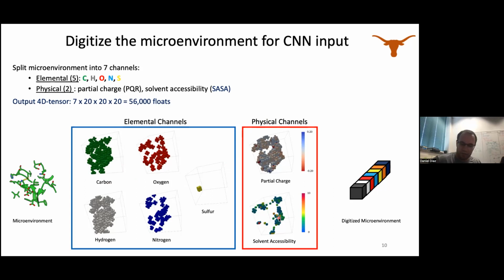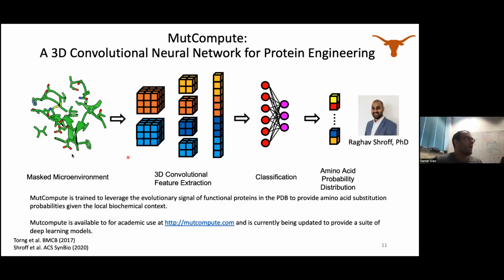So putting it all together, we take masked microenvironments, we pass them through a 3D CNN, the architecture in the paper we published in 2020. And then at the output of this model, we do a softmax to see how probable each of the 20 amino acids are. So this last vector here is 20 numbers, and it's the probability of each amino acid belonging in the masked microenvironment.